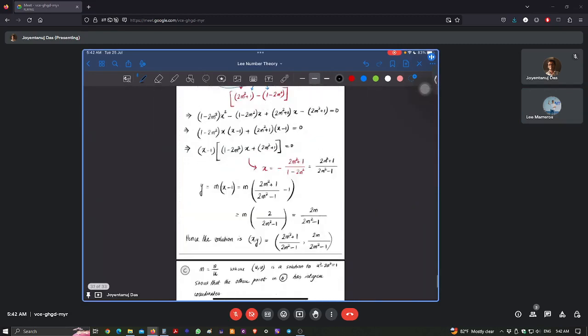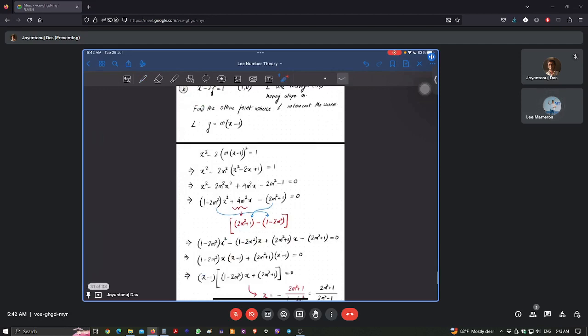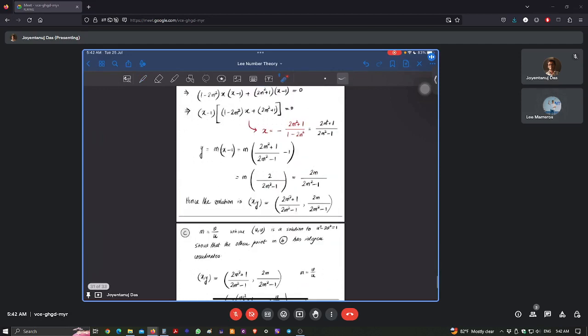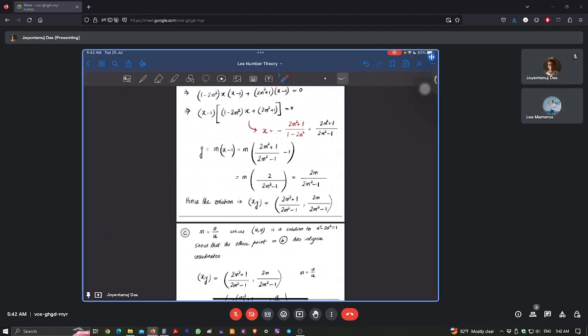Because what I showed is if xy is a solution, then this is also a solution to that equation. This is the point that intersects the curve, so this is a solution to that equation, right?